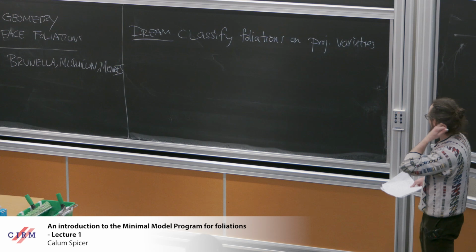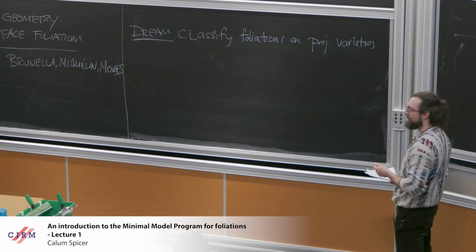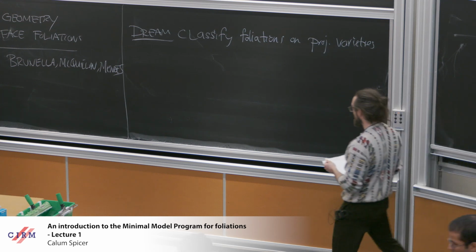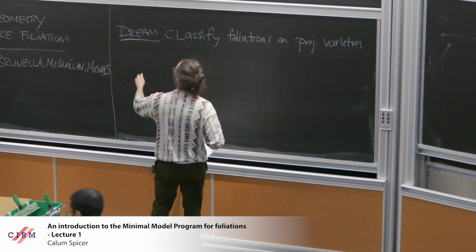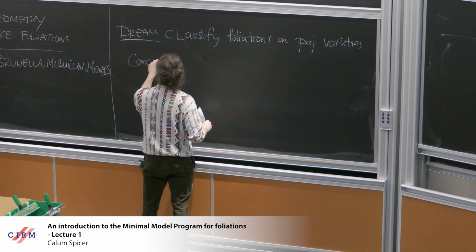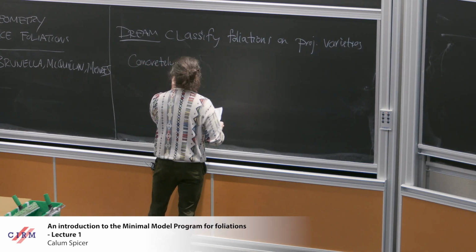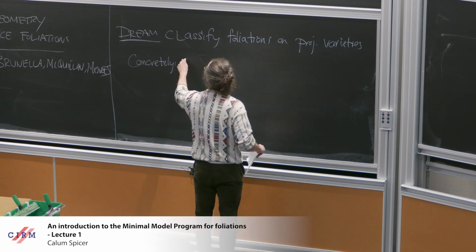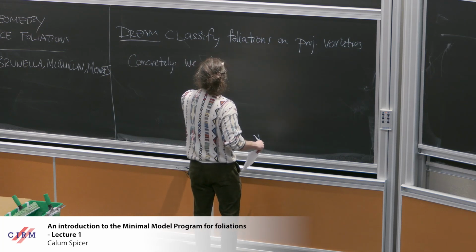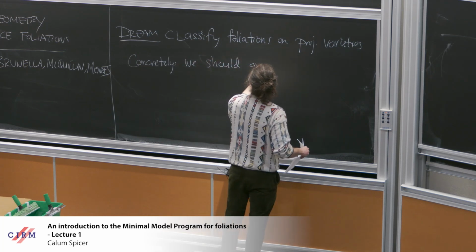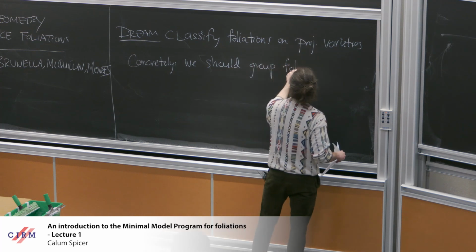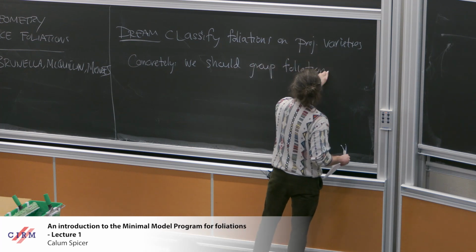As stated, this is kind of a ludicrously broad goal. So to be a bit more concrete, we should group foliations into natural families based on some invariants.